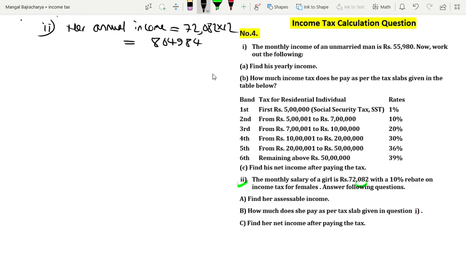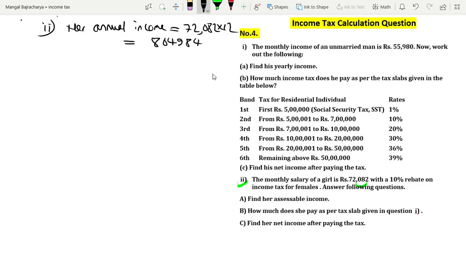And if some tax deduction is there, just like deposit into the social security fund or provident fund, if something is given, that should be deducted from this annual income, then that will be the taxable income. Otherwise this is the taxable income. And on the taxable income, some kind of benefit also may be added, food allowance or dearness allowance. If that's given, that should be added to find the assessable income.